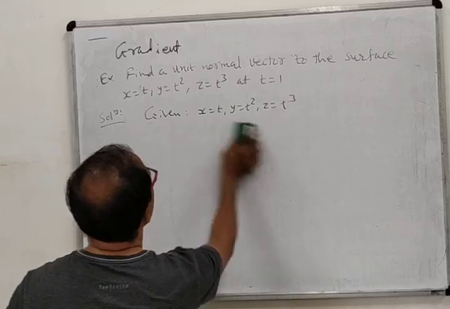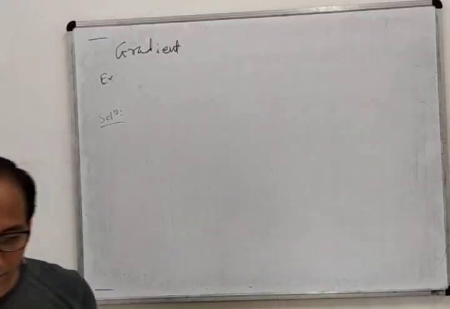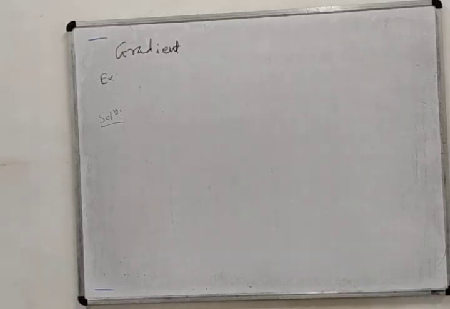Now let us see another example. So here I am solving a number of examples on the board, so that you can get practice simultaneously with me as well as a homework for yourself.